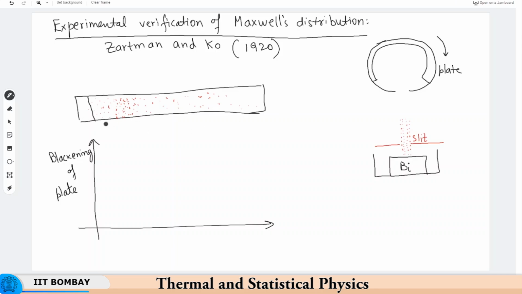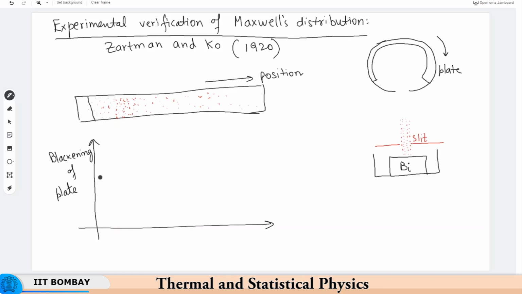So, this is where the first atom got deposited, which was the fastest atom, and then there was the slowest atom which got deposited, and beyond that there was no atom, right. And when they plotted this blackening of the plate as a function of this position of the plate, right. So, this is position.